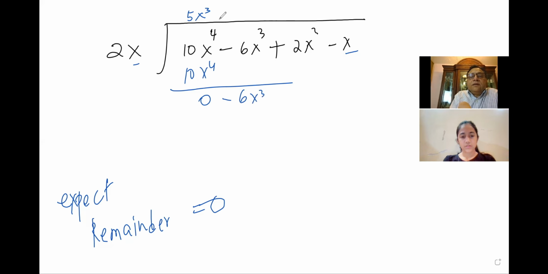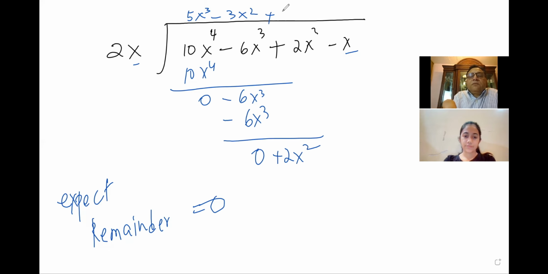And when you divide, this goes 3 times. And x will be squared, right? You get minus 6x cubed. And then we bring in, this is 0 plus 2x squared. And this will go 1 time. We do not write 1, but we can write x here. You get 2x squared. When you take away, you get minus x. And this will go minus half time.